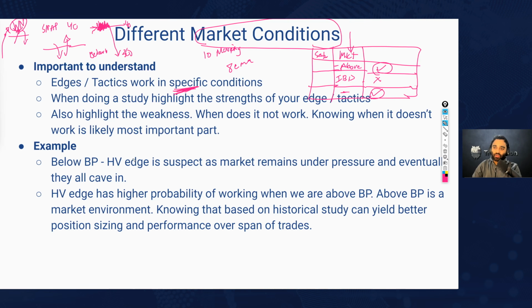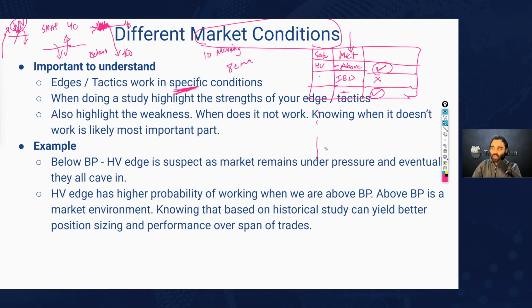So keep a log of those. There's no real secret to it, to be honest. If you have a setup, you could just say, this is the HV setup on this particular chart. The market is doing this, and did it work or did it not work?